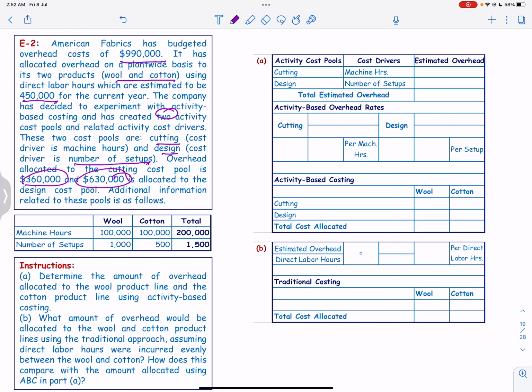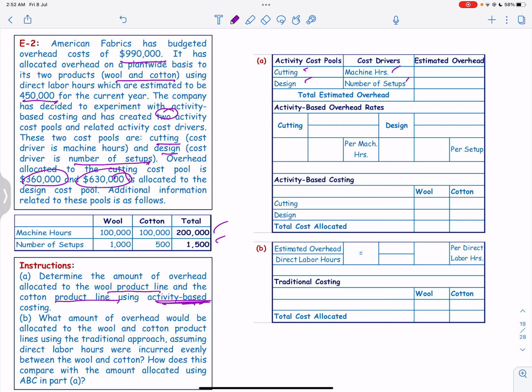Additional information related to these pools are as follows. So we have machine hours, number of setups, and we have the total over here. And they are asking to determine the amount of overhead allocated to wool product line and the cotton product line using activity based costing. So for activity based costing, we have the two activity cost pools, that is cutting and design in the question, and the cost drivers are machine hours and number of setups.